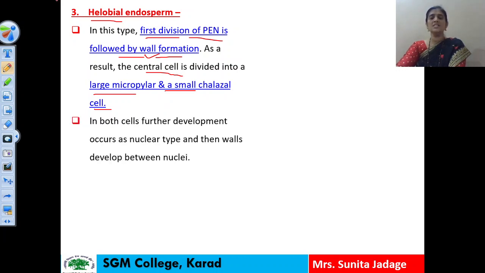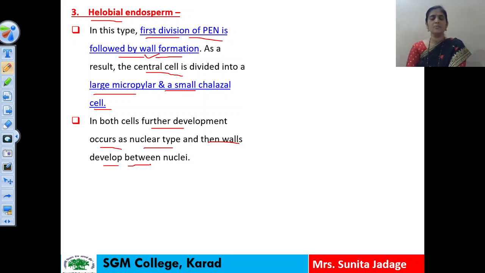Afterwards, in both these cells, further development occurs as the nuclear type, and then walls develop between these nuclei. Both the larger micropylar cell and the smaller chalazal cell show nuclear division at the starting developmental stages, and afterwards cell wall formation takes place between those nuclei.